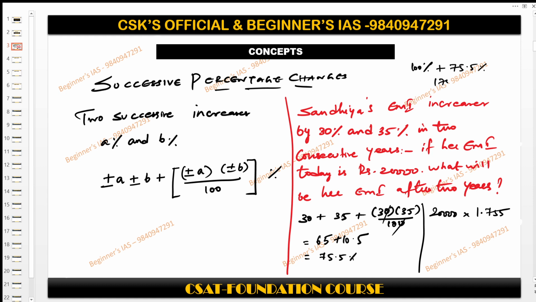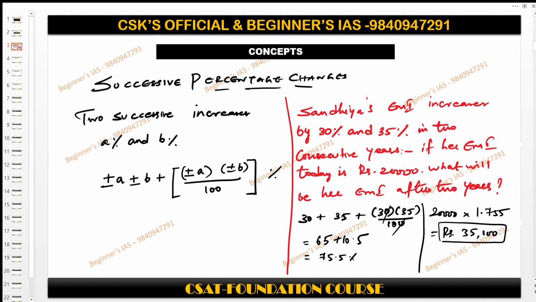So 175.5 divided by 100 is nothing but 1.755. This you can also calculate according to your basic knowledge; you can go with any method. This is one of the methods. So this is the amount, rupees 35,100. This is the EMI after 2 years.